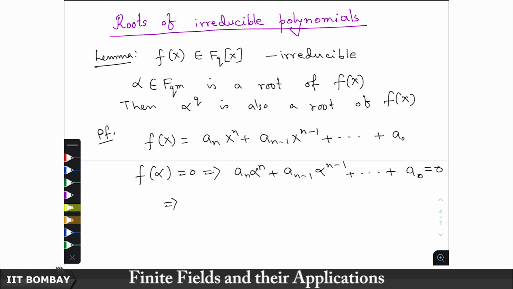Now, we raise both sides of this equation to the power q, then we get (a_n alpha^n + a_{n-1} alpha^{n-1} + ... + a_0)^q = 0.